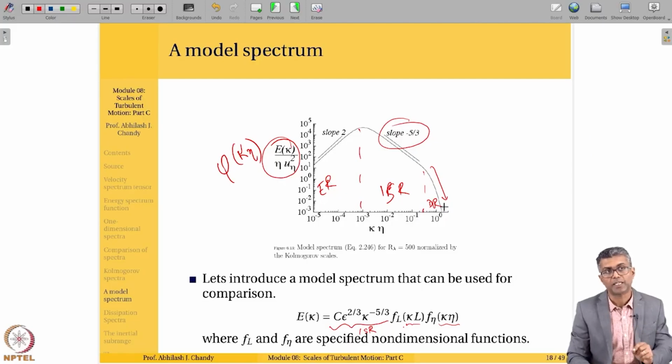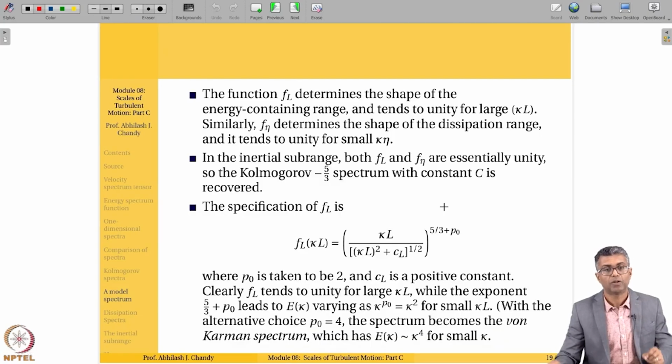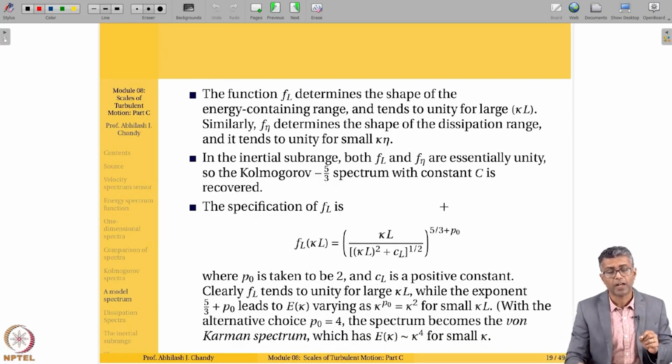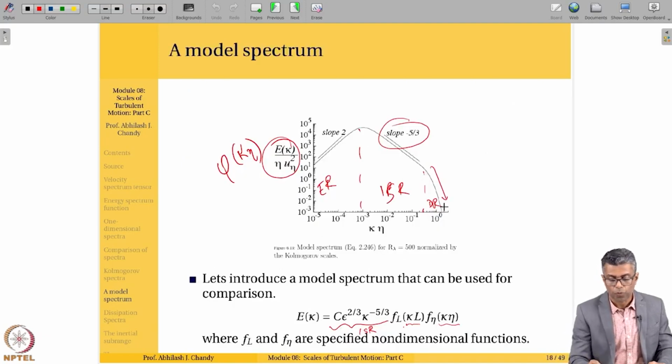So let's go into detail into this model spectra and look at what FL and F eta are. Now, the function FL determines the shape of the energy containing range. And what we want is for it to tend to unity for large kappa L. Because we want the inertial subrange spectrum to be recovered in the inertial subrange.